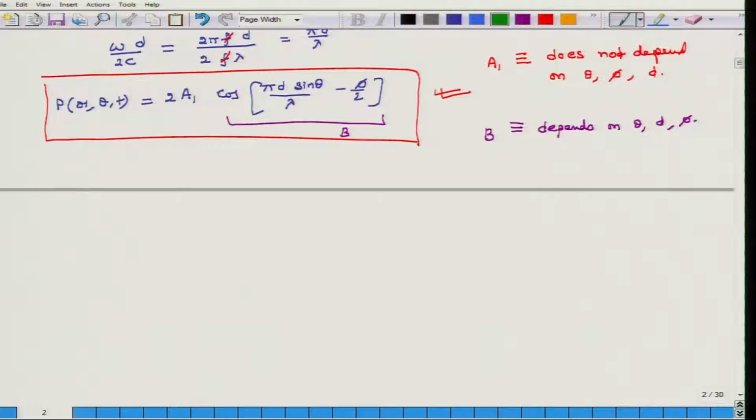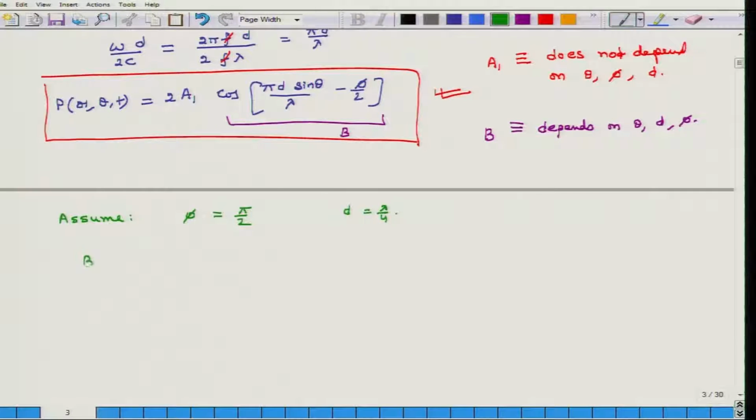So, we will make some assumptions. We assume that phi, which is the phase of the volume velocity source, is equal to pi over 2, and we pick d, that is the distance between the sources, such that d is equal to lambda over 4.